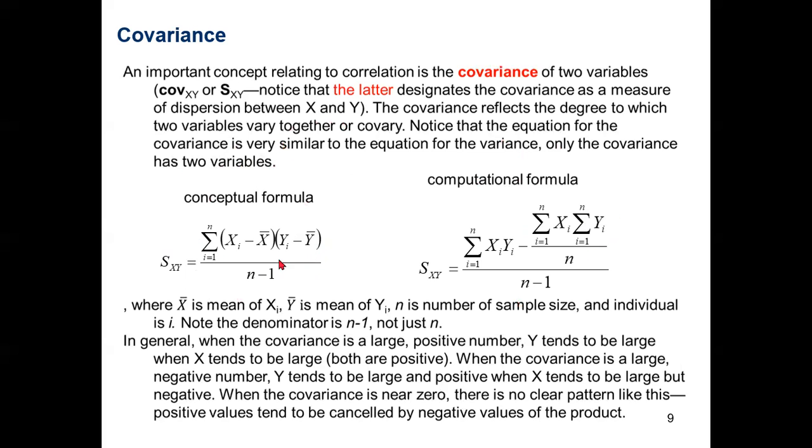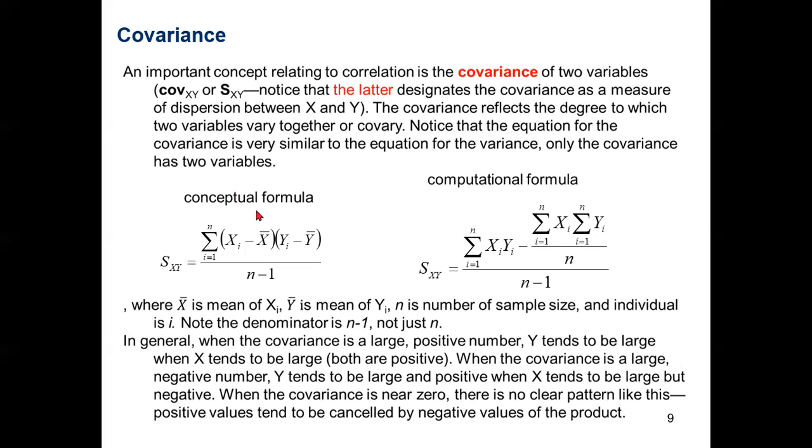The conceptual formula of the covariance is really similar to that of variance. What is variance? Variance is a univariate value.